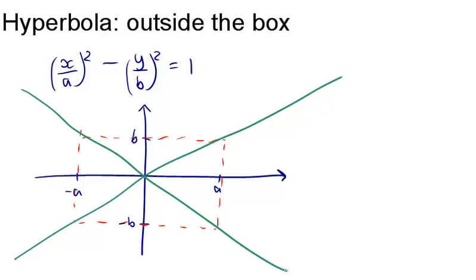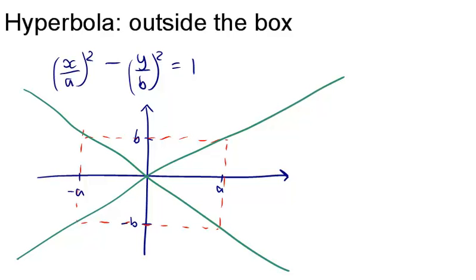Let's just have a look at the equation. To figure out where it would cross the y-axis, I would set x equals 0. Then I'd get no solutions for y because I've got negative equals positive. So this hyperbola doesn't cross the y-axis. So my hyperbola must be here.